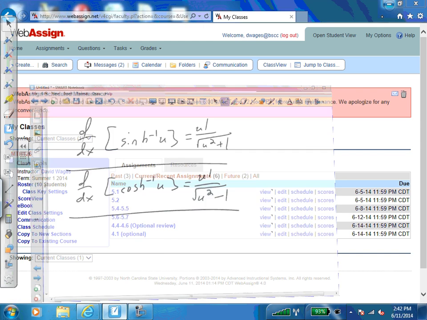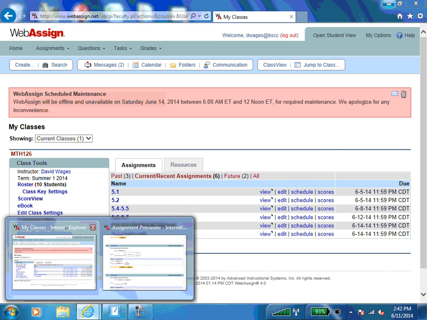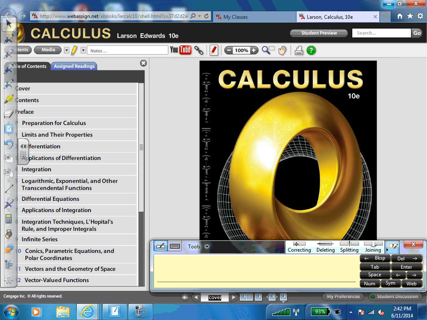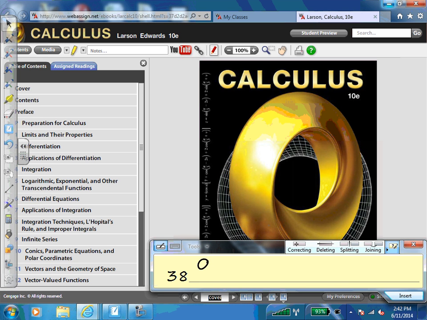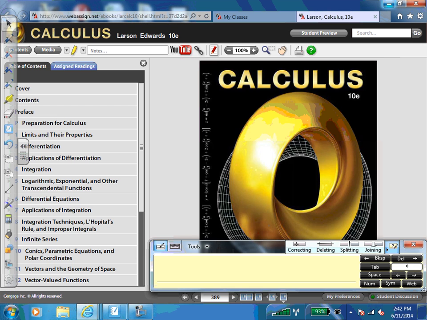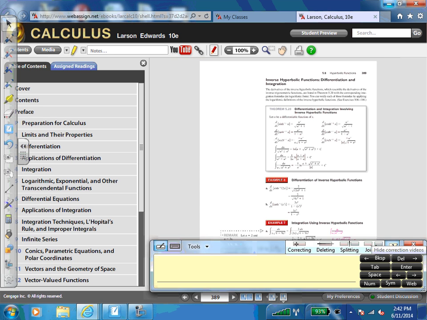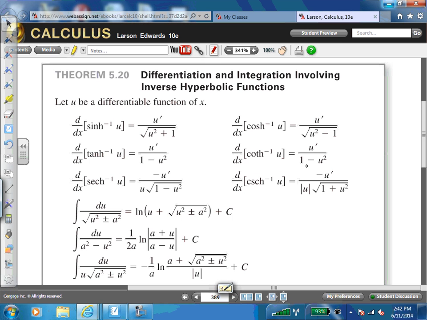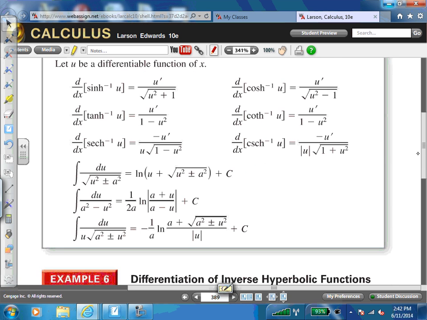And let me just pull up the ebook and show the rest of these. These are on page 389. So this is the last set of derivatives and integrals for this chapter.